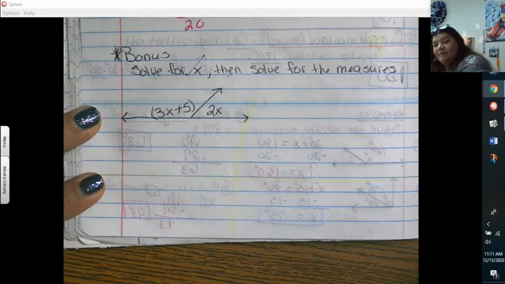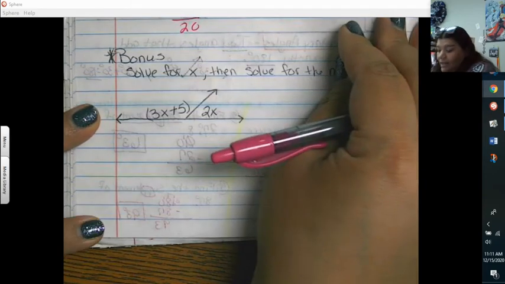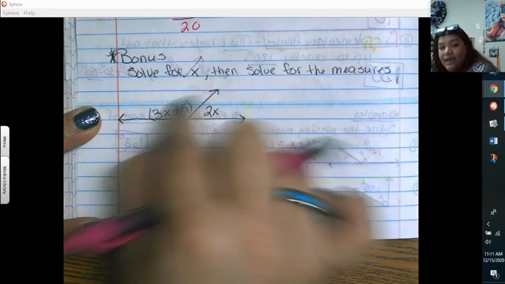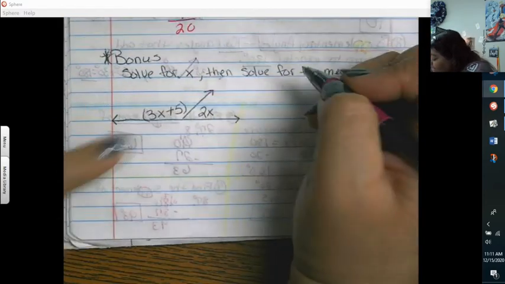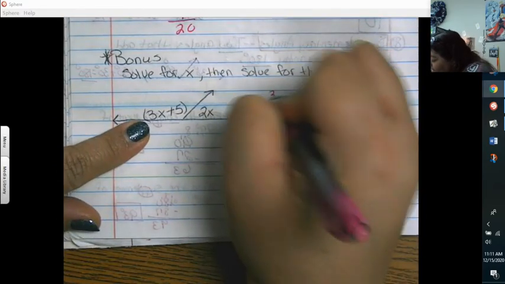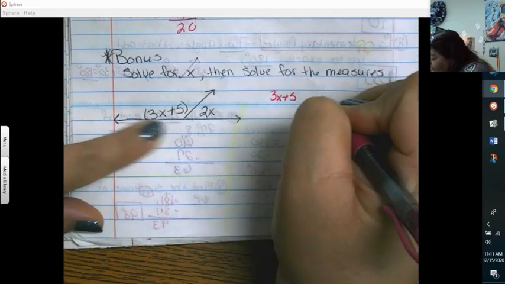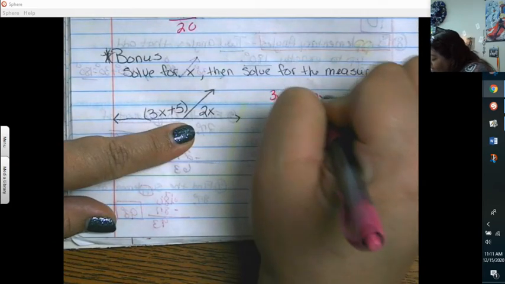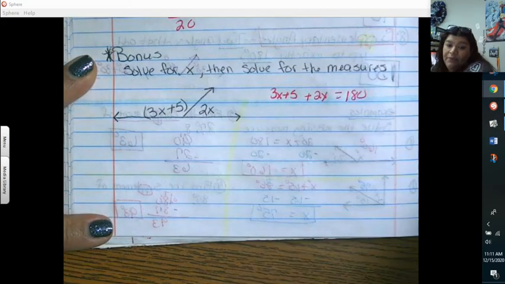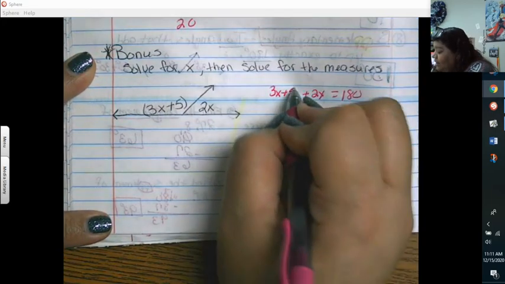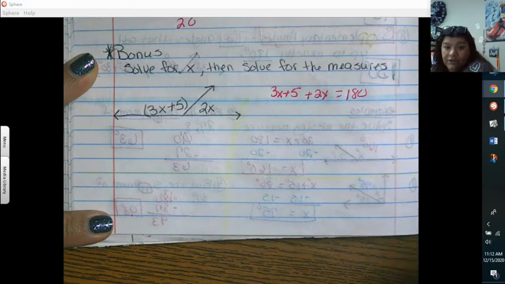All right, this is what I meant by use an equation. I know that these two added together will equal 180. So I'm just going to write down what I know, guys. I know that if I add 3x plus 5 and 2x, I know I'm going to get 180. So I just wrote down what I knew. Now it's a matter of manipulating the equation, okay?